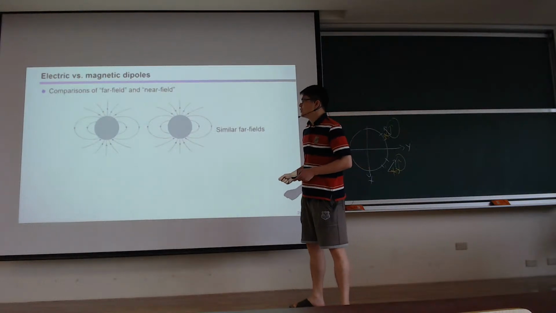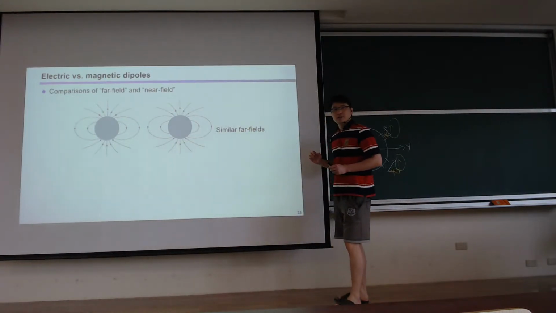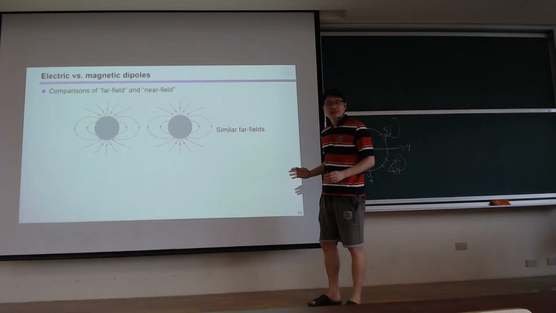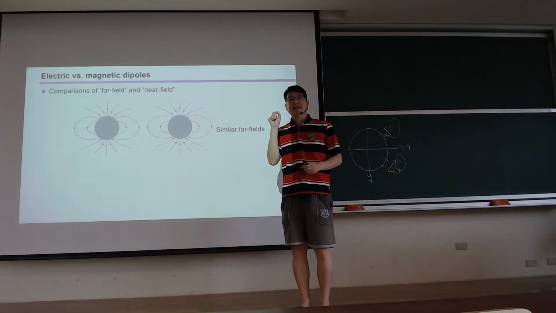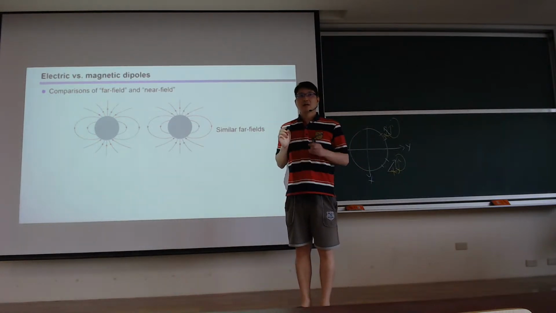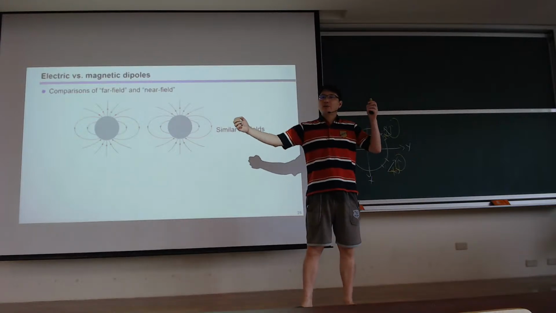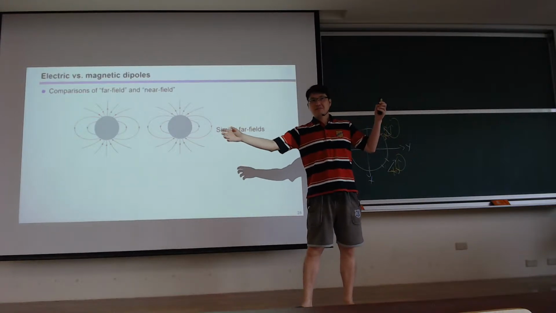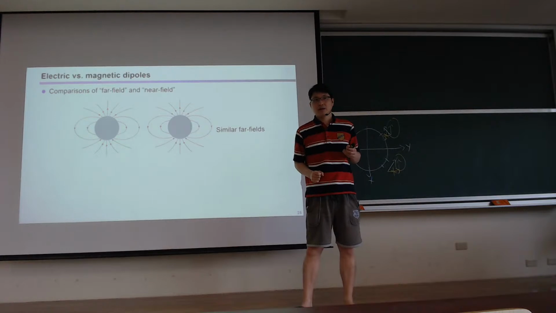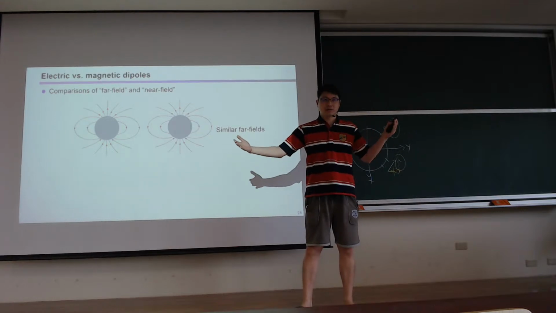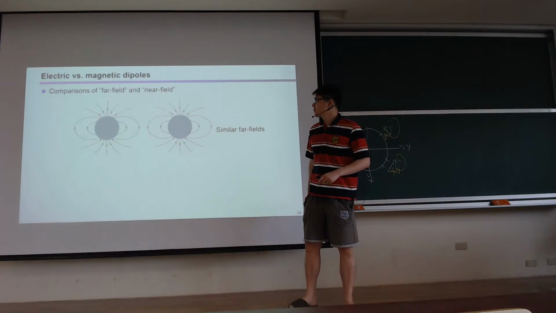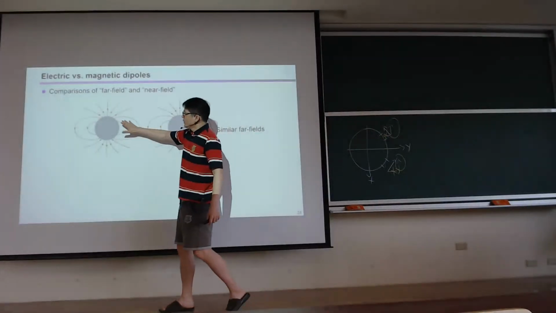It means, in the far field, remember, all of our derivations for electric dipole and magnetic dipole assume we are at a very far distance from the dipoles. And that's the definition of far field. We're very far away.